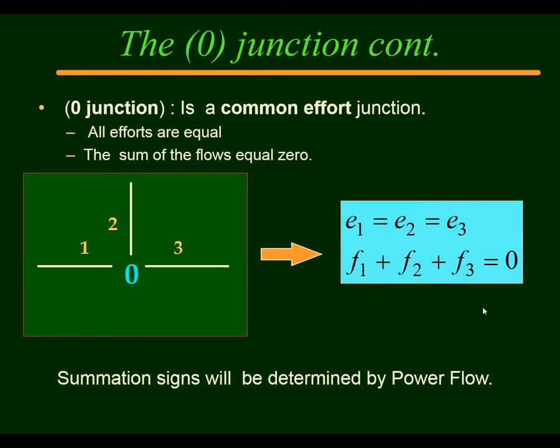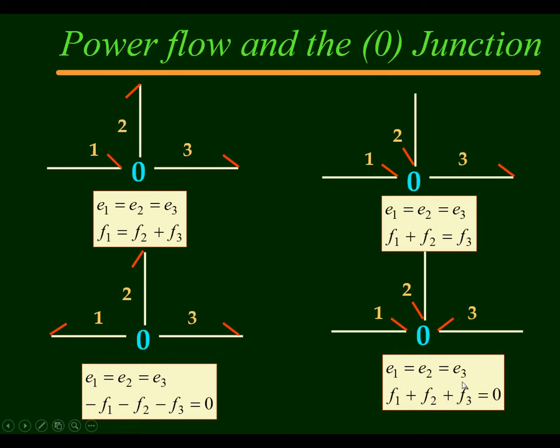But before we do that, this is another representation of the equations that correspond to the bond graph model. All the efforts are the same, but the flows add up to 0. Then we have different possibilities for this power flow and the 0 junction.